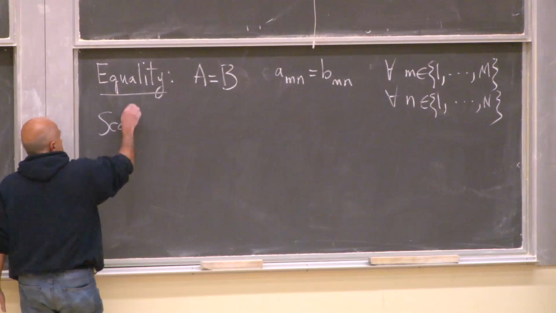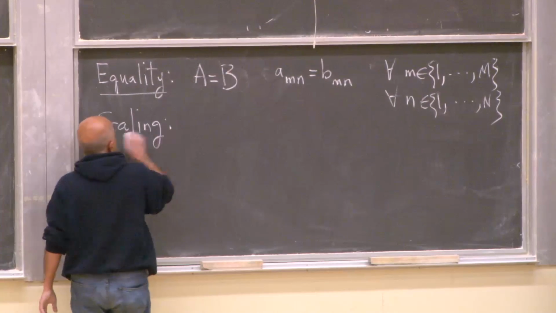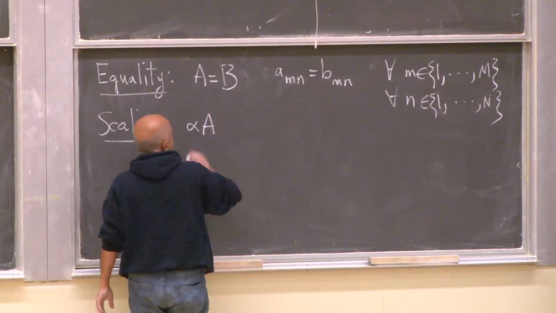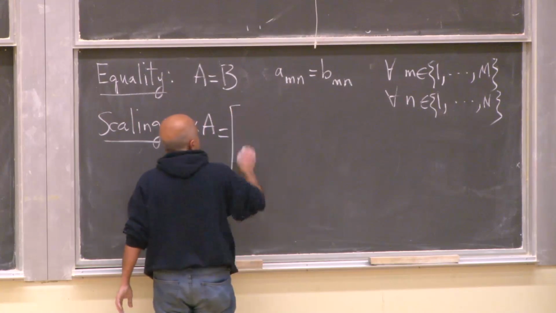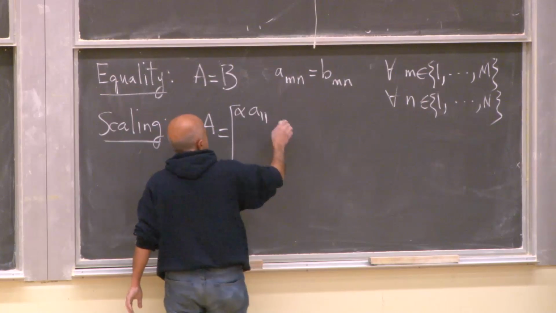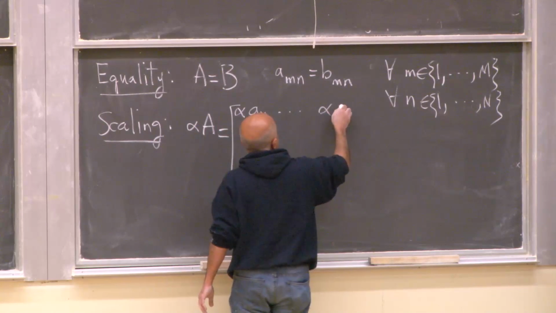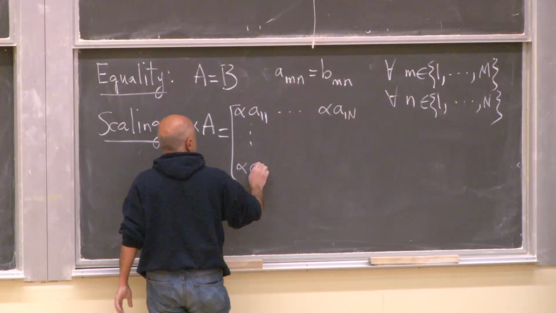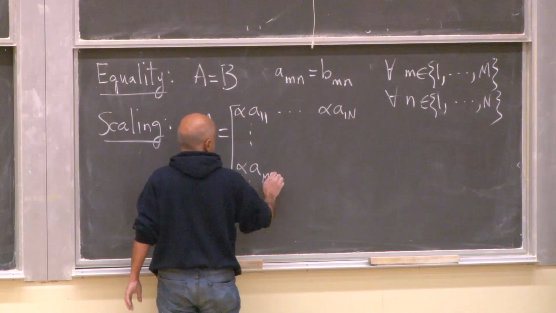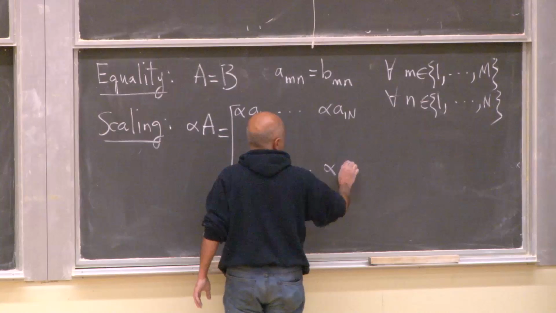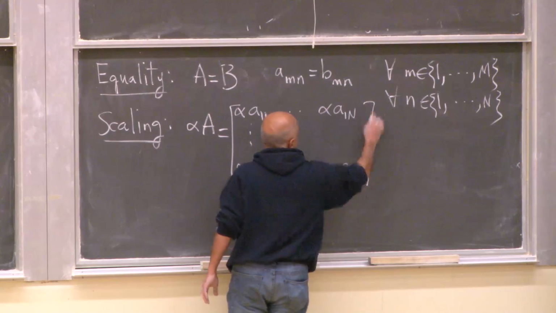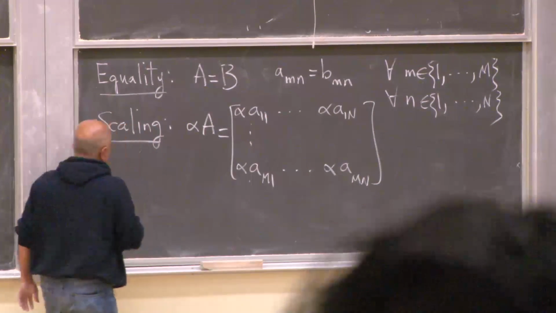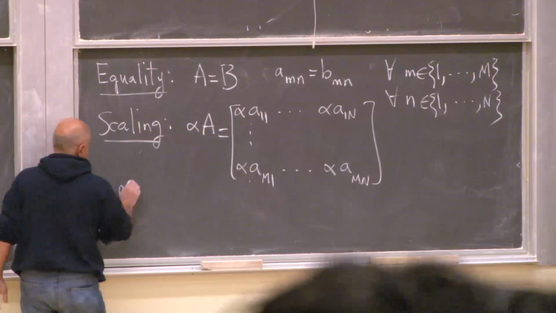Scaling works exactly the same way. So alpha times A means you're looking at a matrix where every entry is multiplied by alpha. And addition works the same way.